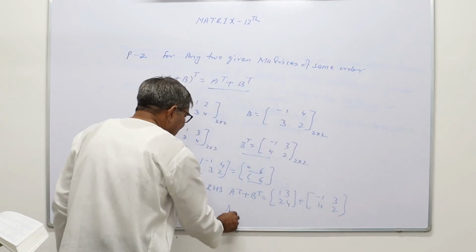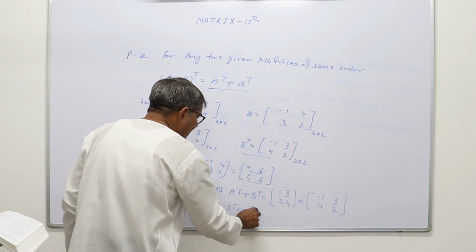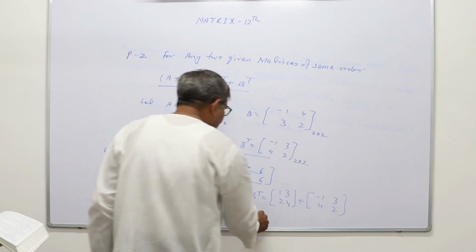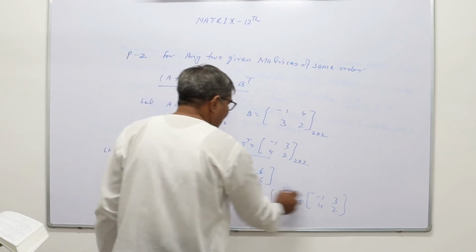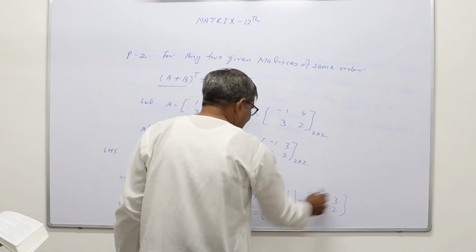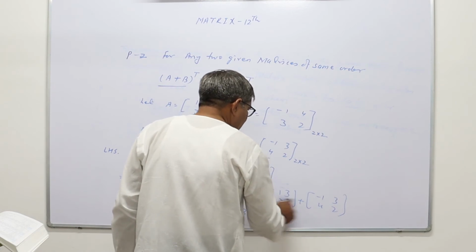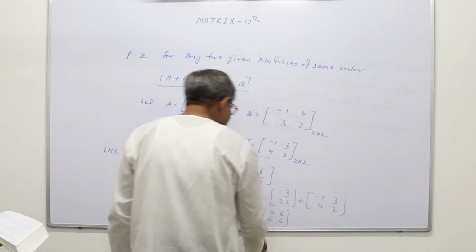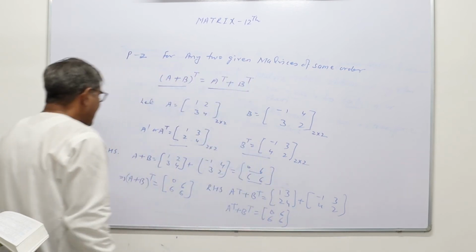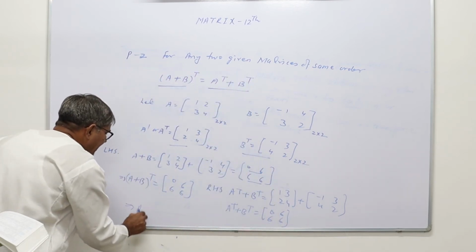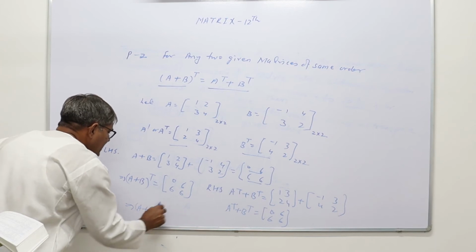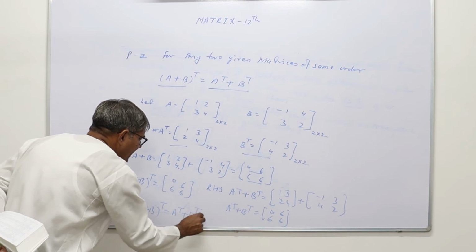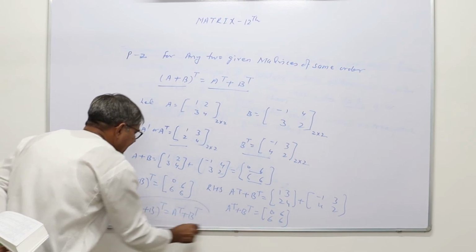Now AT plus BT, that is the sum of the transpose of A and the transpose of B, equals 1 and minus 1, 0, 3 and 3, 6, then 2 and 4, 6, then 4 and 2, 6. So this is AT plus BT, which implies that (A plus B) whole transpose is equal to A transpose plus B transpose. This is the second property.